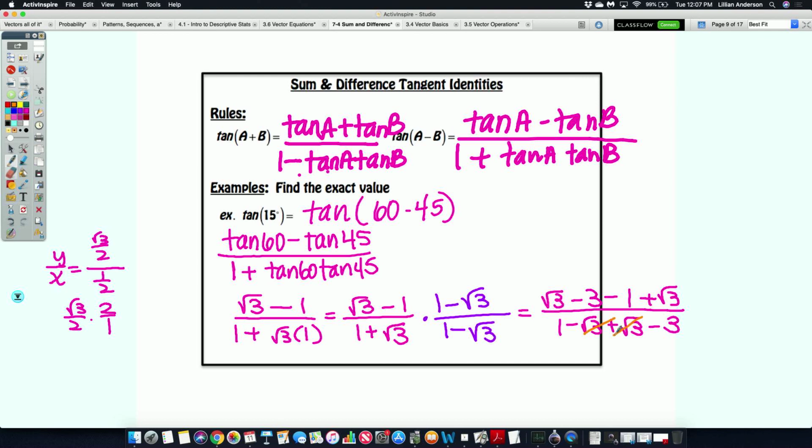Those two cancel out. And in my numerator, square root of 3 plus the square root of 3 is 2 square root of 3, because you just add like terms. What's negative 3 minus 1? Negative 4. All of this is being divided by 1 minus 3, which is negative 2.